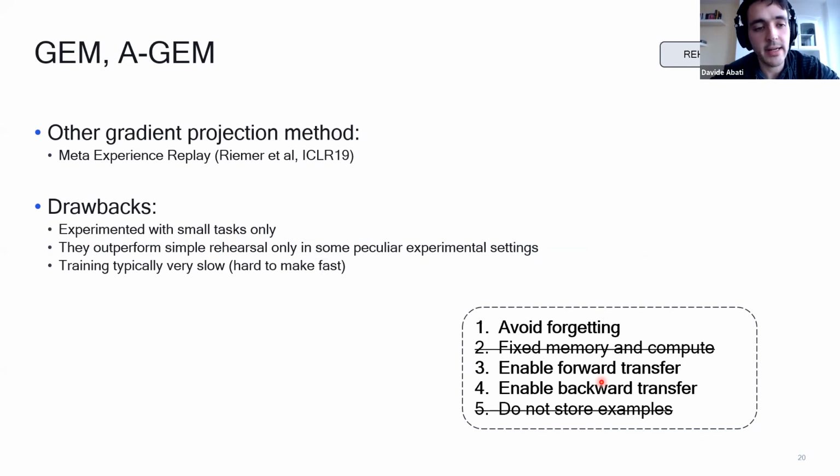And they're typically quite slow to train. But something that they do, by constraining the gradient to have a positive dot product with a buffer, they enable backward transfer. They are not constraining any weights not to change if the change in the weight is beneficial to the prior tasks. So this is a very nice trait that they have.